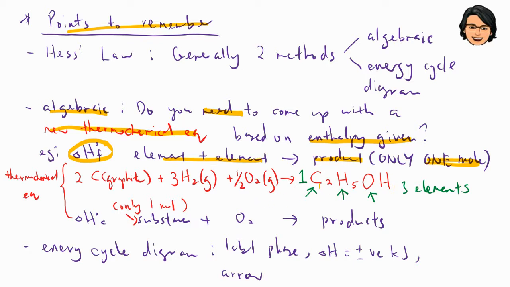For example, I give C2H5OH. So you have 3 elements: carbon, hydrogen, and oxygen. If you are asked to find the enthalpy of combustion, remember, the definition is 1 mole of substance combusted in excess oxygen. So make sure your substance is only 1 mole.